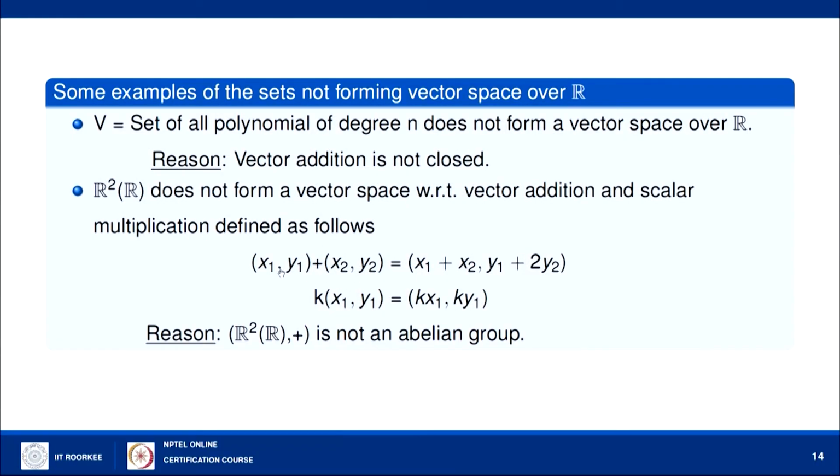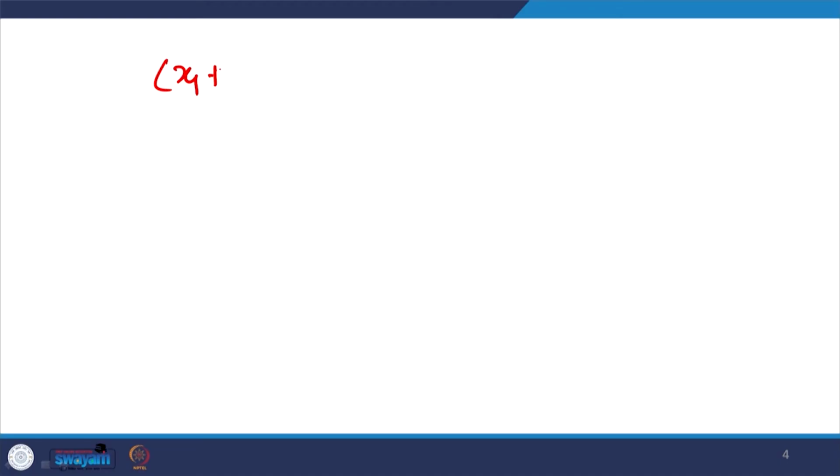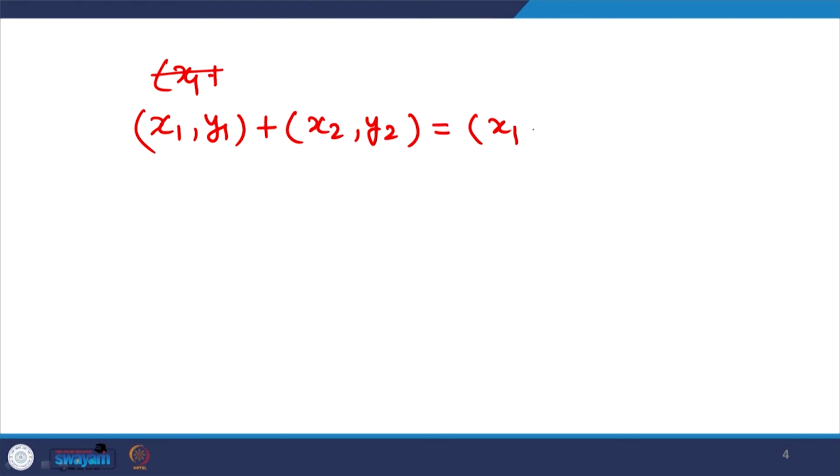But suppose you define vector addition in this way: if you have a vector (x1, y1) from R2 and another vector (x2, y2) from R2, then their sum is (x1 plus x2, y1 plus 2y2). In the usual case it would be y1 plus y2, but we are defining this operation in this way. One can define it so.